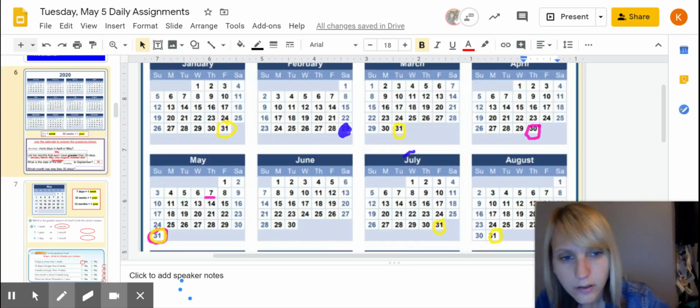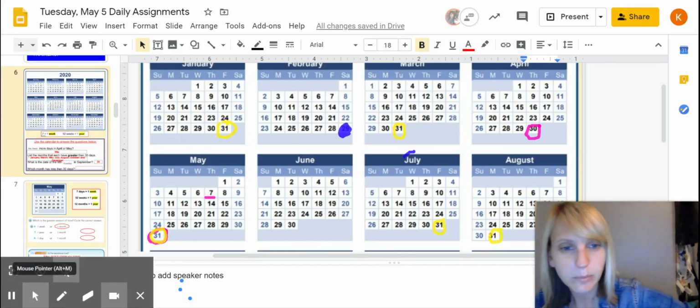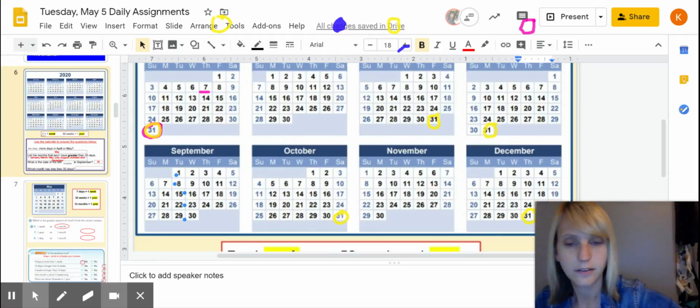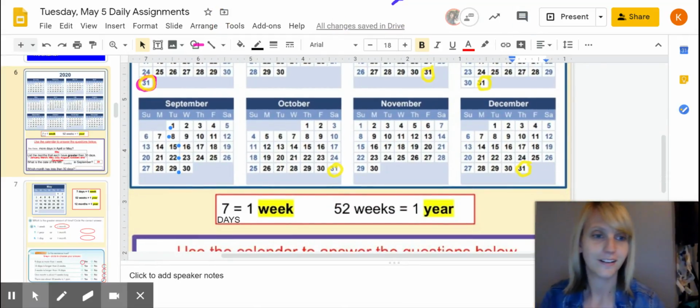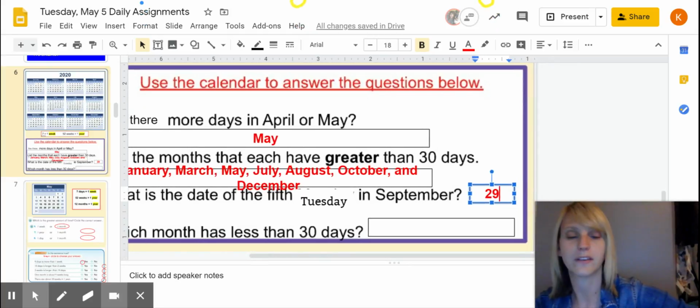You guys, let's keep looking. 31, 29, 31, 30, 31, 30, 31, 31, 30, 31, 30, 31. Guys, there's only 1 month with less than 30 days. And that, of course, is our wonderful month of February.